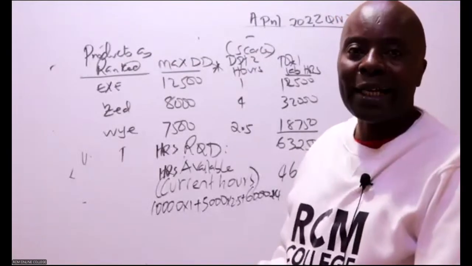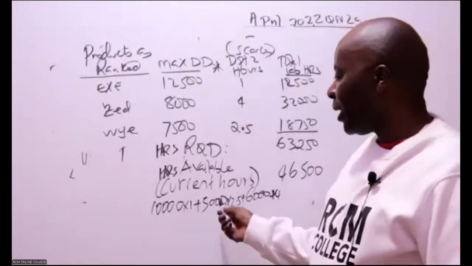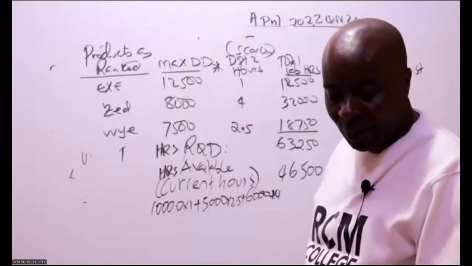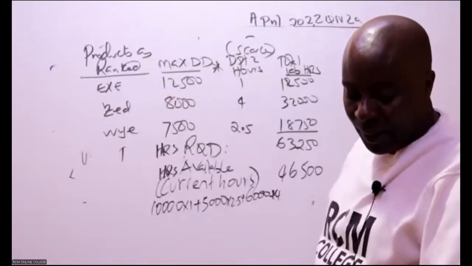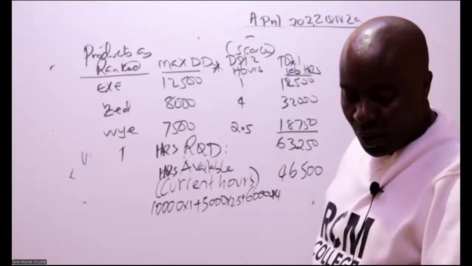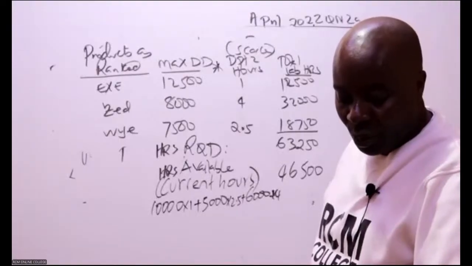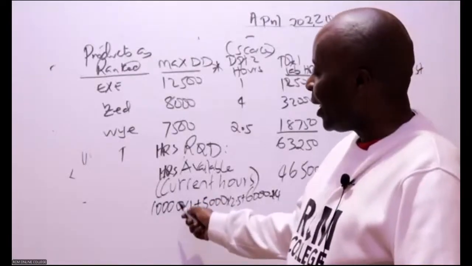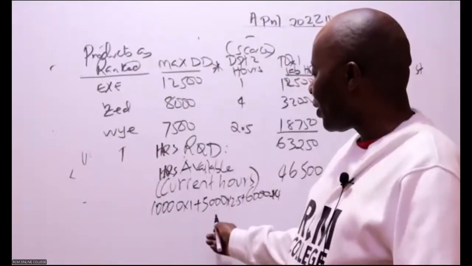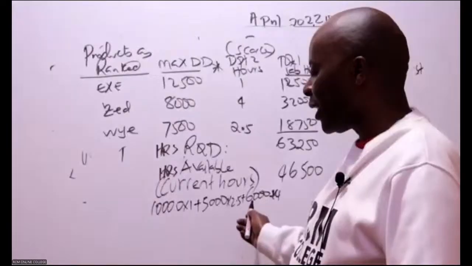Using the current production, from that table, Department 2 hours per unit are 1, 2.5, and 4. So you multiply these with the number of units: 10,000 times 1 plus 5,000 times 2.5 plus 6,000 times 4.